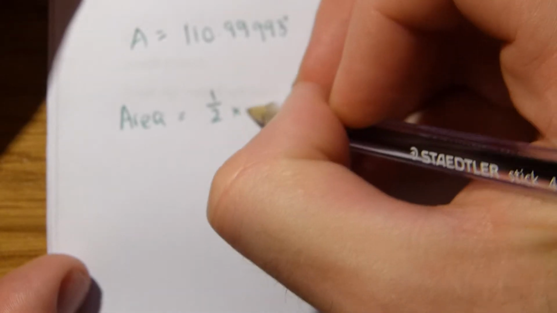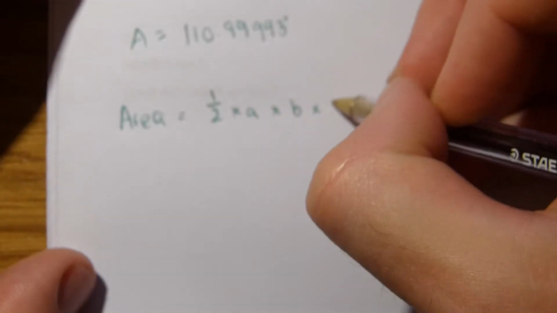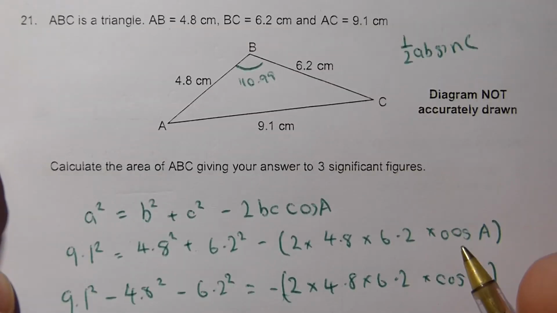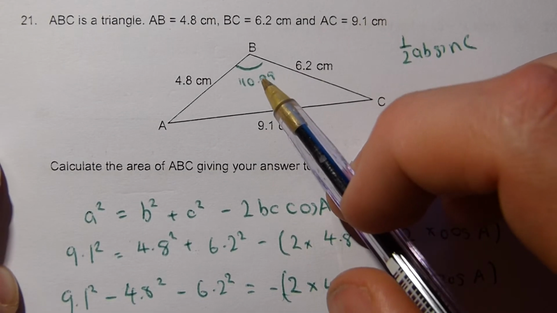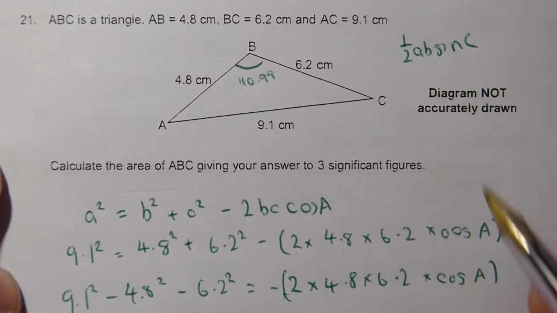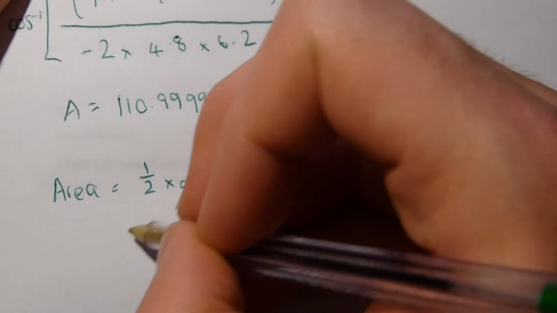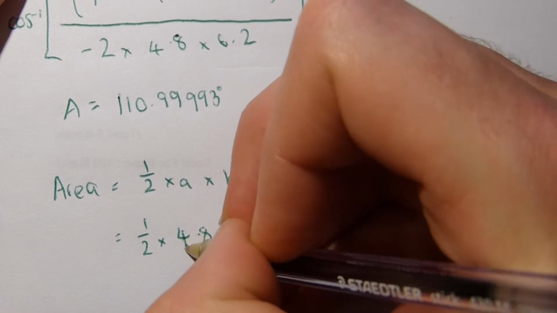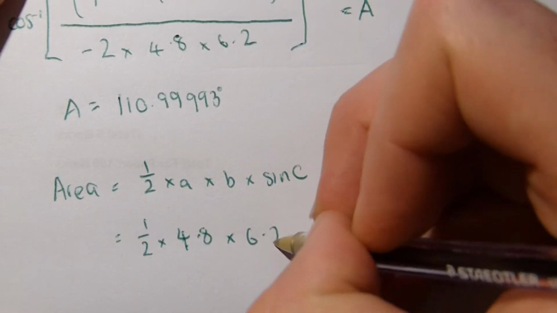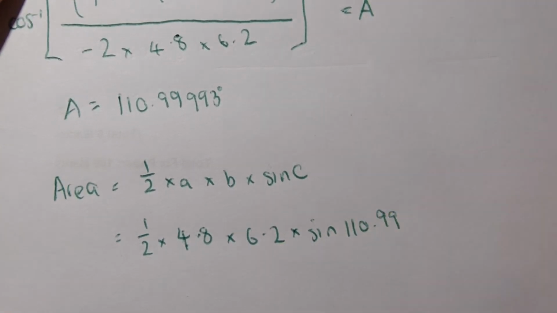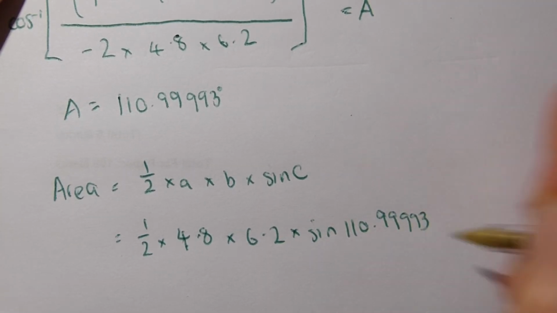So the area is equal to a half times A times B times sine C. So if this is going to be our angle C, these two sides must be A and B, 4.8 and 6.2. So a half times 4.8 times 6.2, times by sine of the angle, which was 110.993.